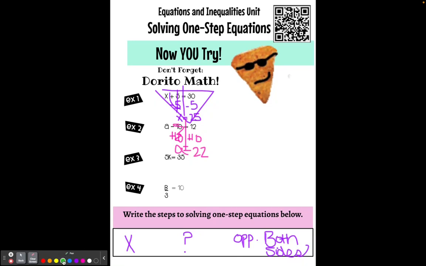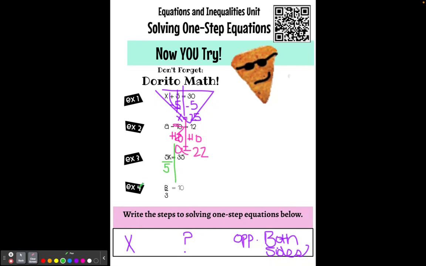Okay. Next one. I'm finding my variable k. What is being done to k? Well, it's shoved up against 5, so that means multiplying, right? So the opposite of multiplying is to divide. Okay, if I'm multiplying by 5, I need to now divide by 5. Okay, so it's the exact same thing.